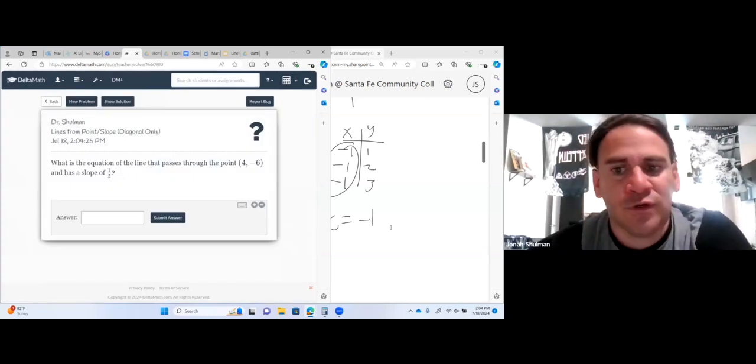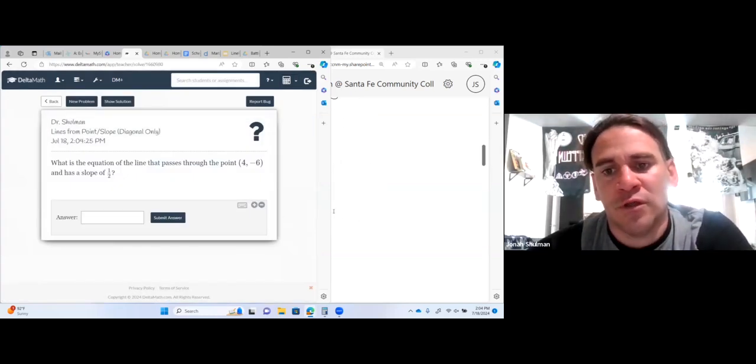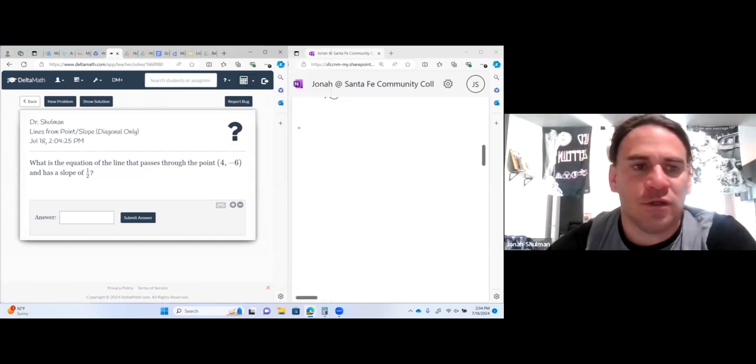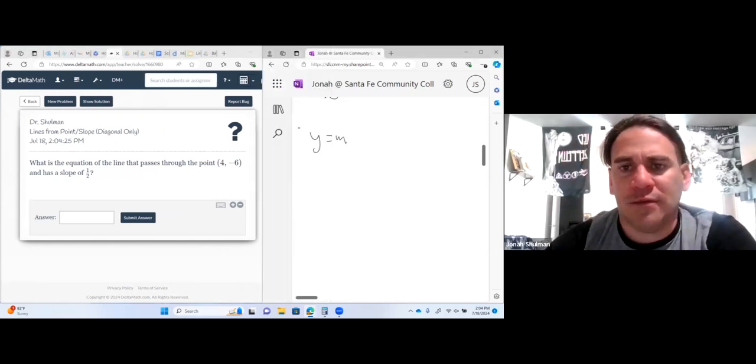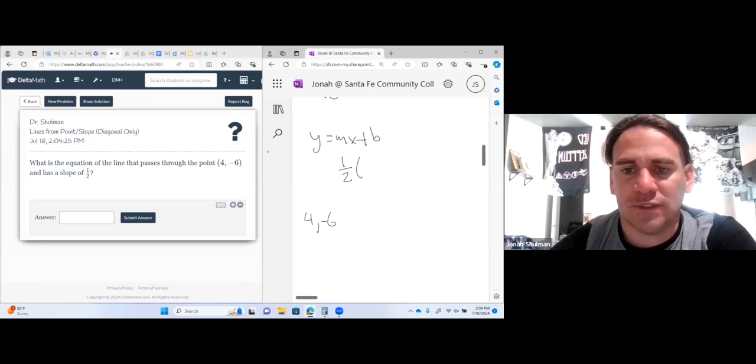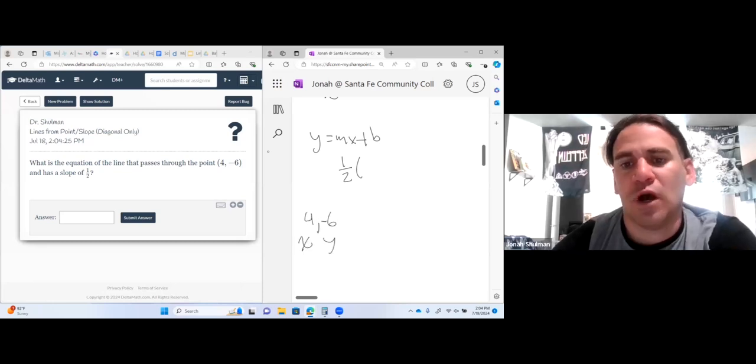What is an equation? Okay, so this is where it gets a little harder. As usual, it builds. Math is sequential, it's always building. So we have y equals mx plus b. We have the point, we have the slope of 1/2. We just need the intercept. So you see how we have the point 4, -6, right? There's your x, there's your y.